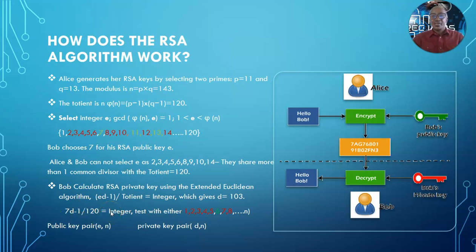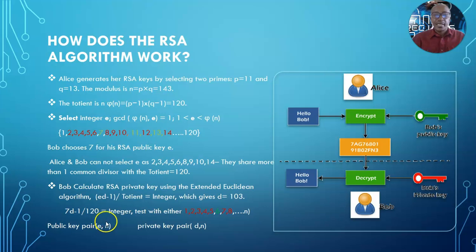Because you have 2 unknowns, the integer and d, to solve this equation you need to substitute the integer with a possible value. So the system provides those possible values and does a test until it arrives at an integer.